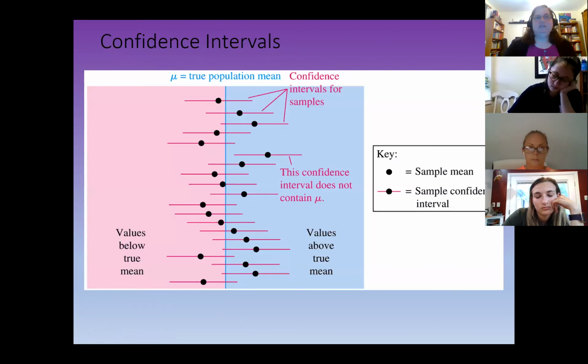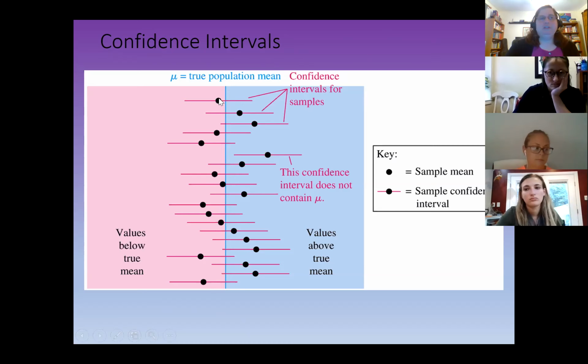Okay. So now let me show you this picture about confidence intervals. In this case, we're pretending that there are 20 studies that were run, okay? And the blue line in the center represents the true population mean. So let's take this first study. This black dot's the mean. This pink line, the edges of it are the confidence interval.